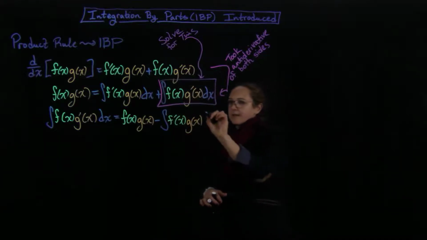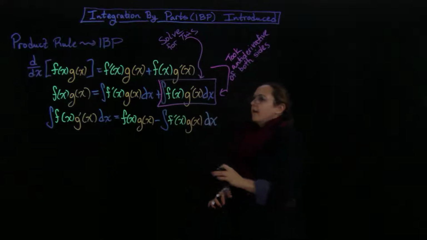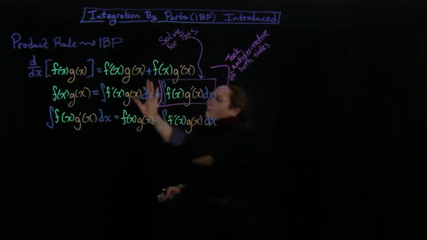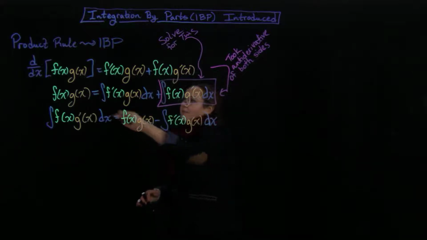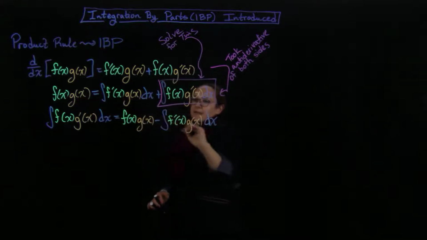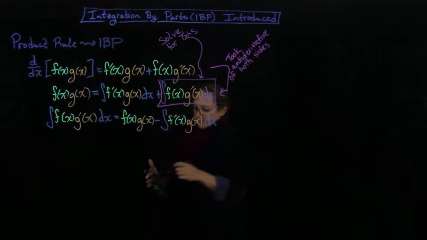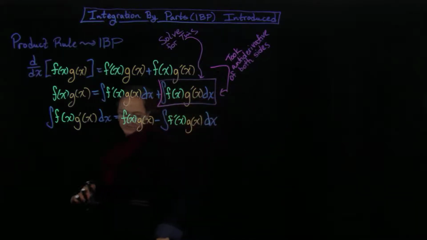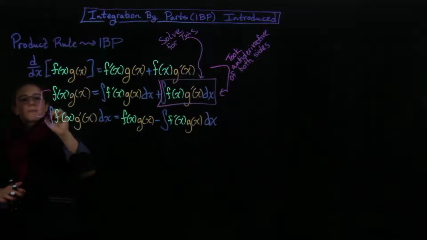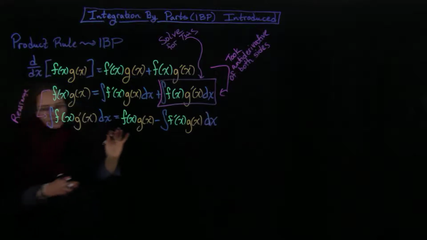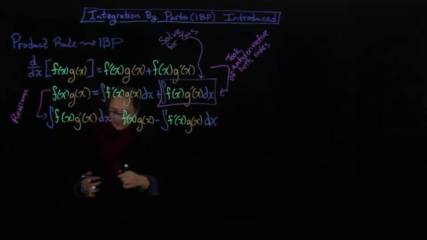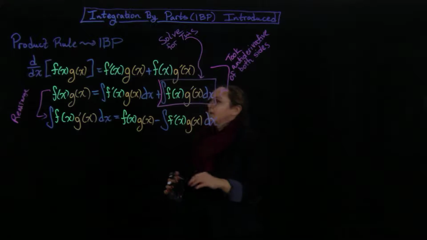All I did was solve for this, so I moved this to the other side, subtracting it from both sides, so I ended up with f of x, g of x coming from there, and the subtraction came from when I moved that over. So all I did was rearrange things. And once I get here, this is actually my final answer.